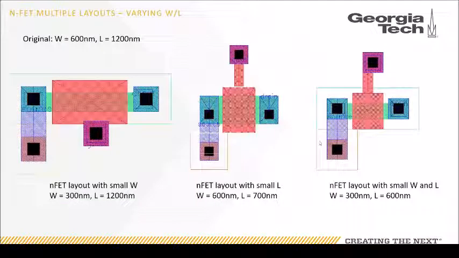Then we want to experiment with the effect of changing the width and length, and see how the curves vary for the gate sweep. Firstly we do the NFET. We have three sets of data, one with small width, one with small length, and one with small width and length, and the data is shown below here.